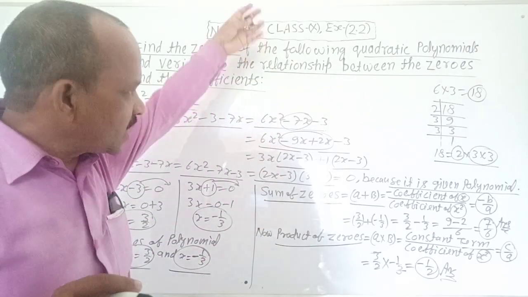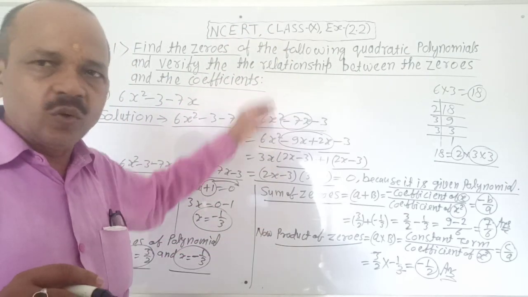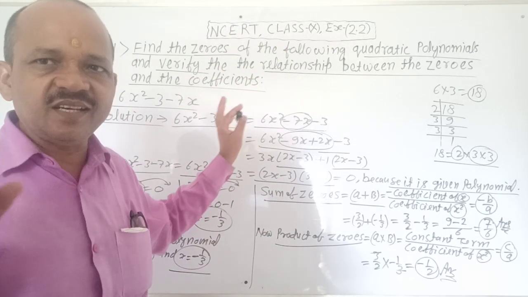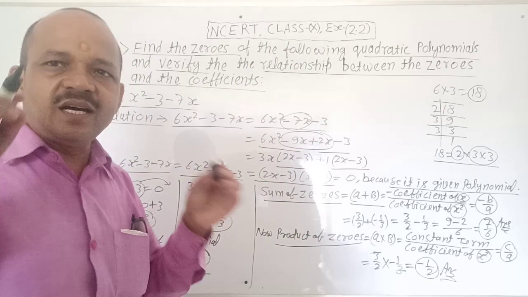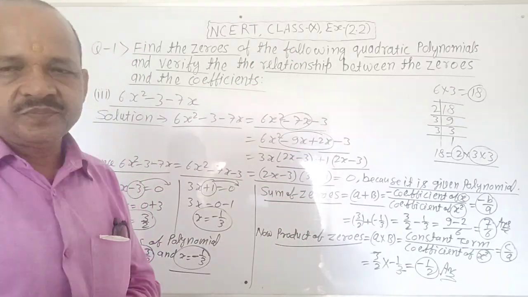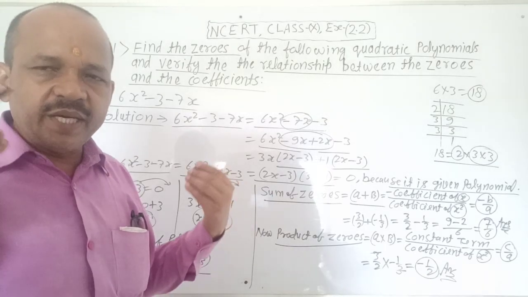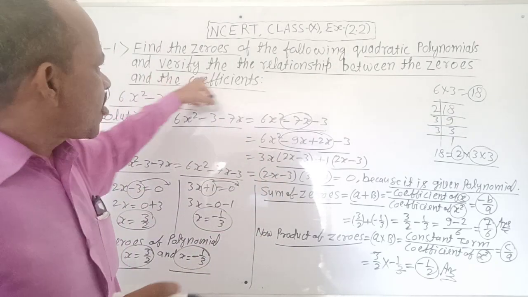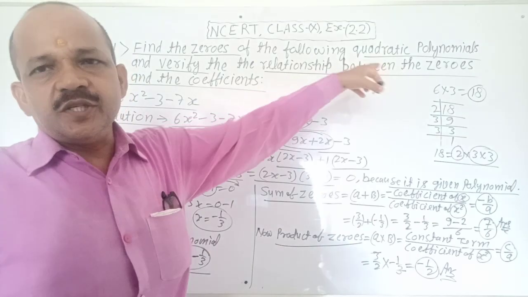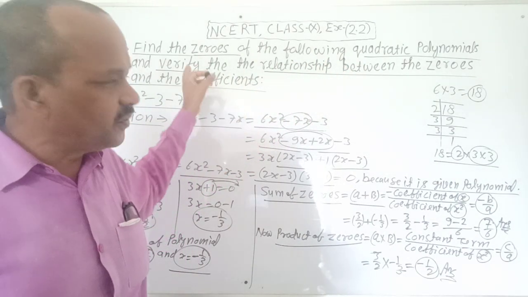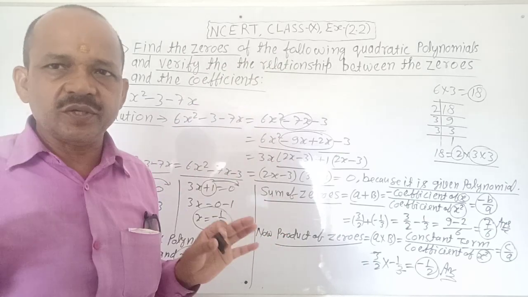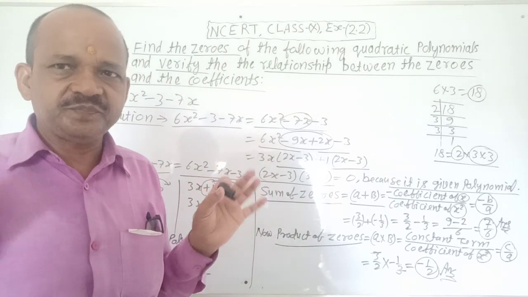Very good. Solution is clear. It is easy. In this way you can solve any question very easily and you can verify relationship between zeros and coefficients and you can find the value of zeros of given polynomial very easily. Clear?